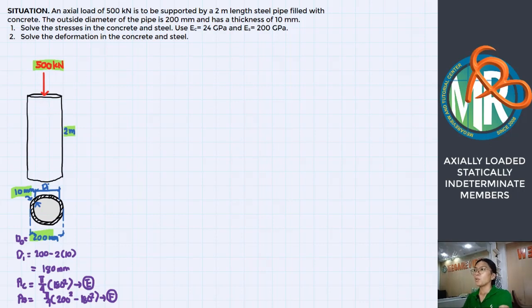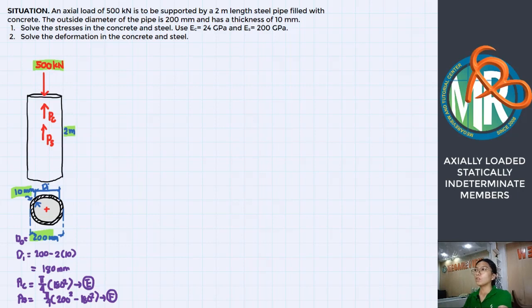So, if this 500 kilonewton compressive force is applied, what will be the reaction of our concrete and steel? Well, the reaction would be collinear, but opposite in direction. Let us say this is the reaction of the concrete, and for the steel, this is what it will react. So these forces are coaxial, collinear, all acting at their centroid, here in the middle.